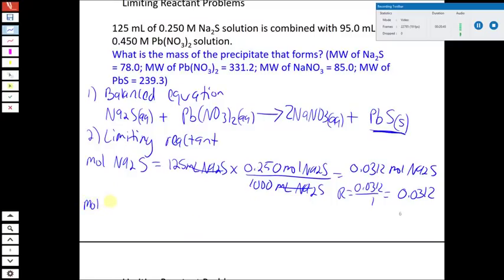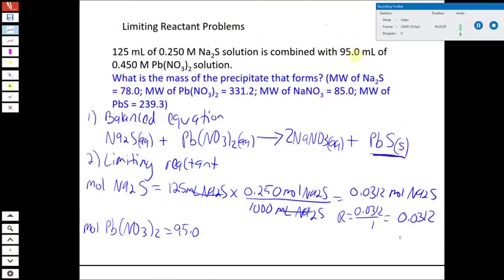Whenever you have amounts for two reactants, you have to do this for both to figure out which one the limiting reactant is. This is, I suppose, one way to do the problem, but there are other variations that work well. In this case, we have 95.0 milliliters. Again, that's the given information in the problem. That's how much of the lead nitrate solution we have. And then the molarity of that solution is 0.45. So we're going to use a different molarity this time to convert into moles of lead nitrate.